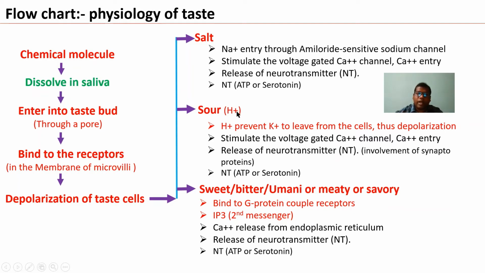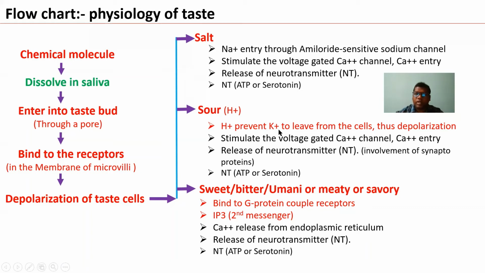The hydrogen ion prevents potassium from leaving the cell, thus causing depolarization. We know that the cells have leaky potassium channels. When the hydrogen ion prevents potassium from leaving the cell, the resting membrane potential of the cell goes to its threshold potential.